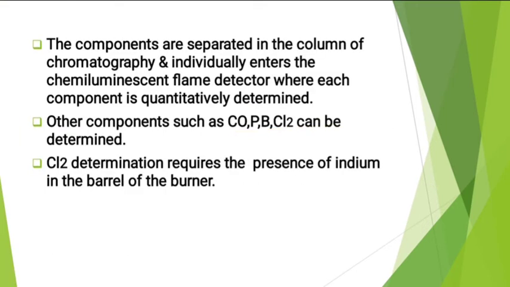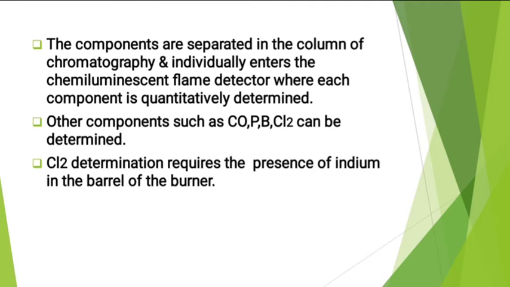The components are separated in the chromatography column initially, and then individually these components enter into the chemiluminescent flame detector, where each component is quantitatively determined. Side by side, initially we have determined ozone, then sulfur, then the other components present in air pollutants that can be analyzed.